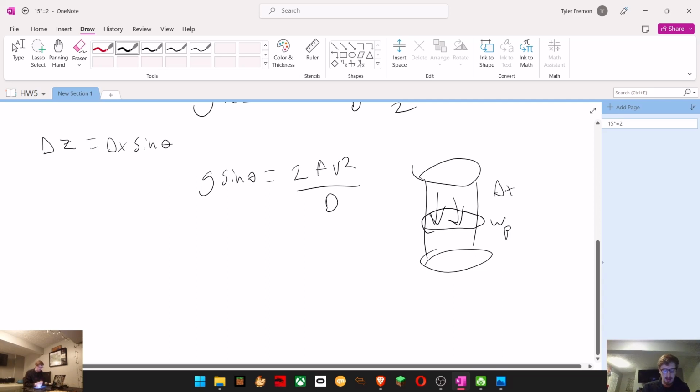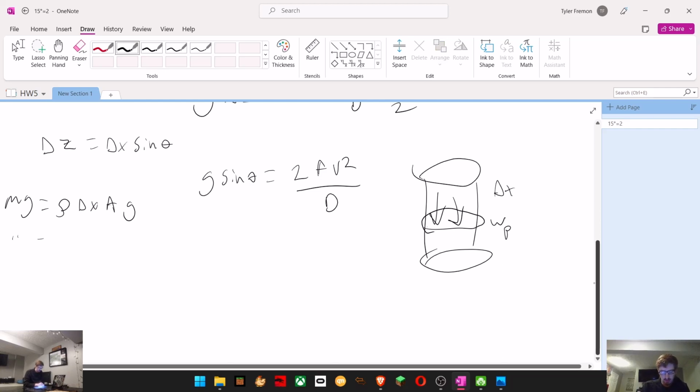Using a force balance equation, we can say that the mass times gravity, the force of the fluid moving down, is going to be equal to rho times our delta x times our area. This is just the volume of fluid, so our density times volume, times g.